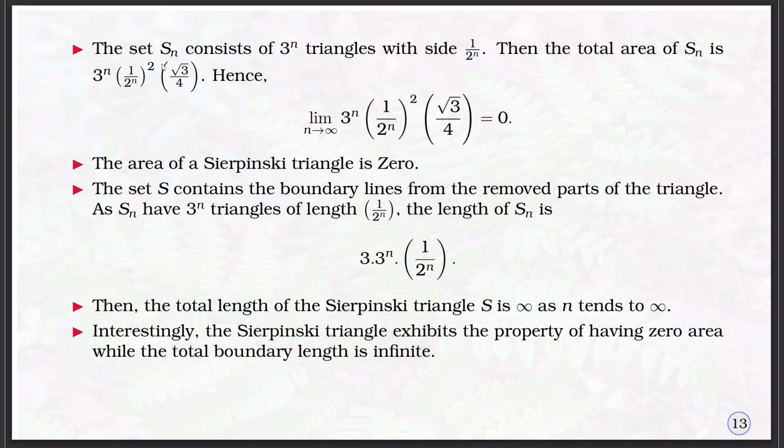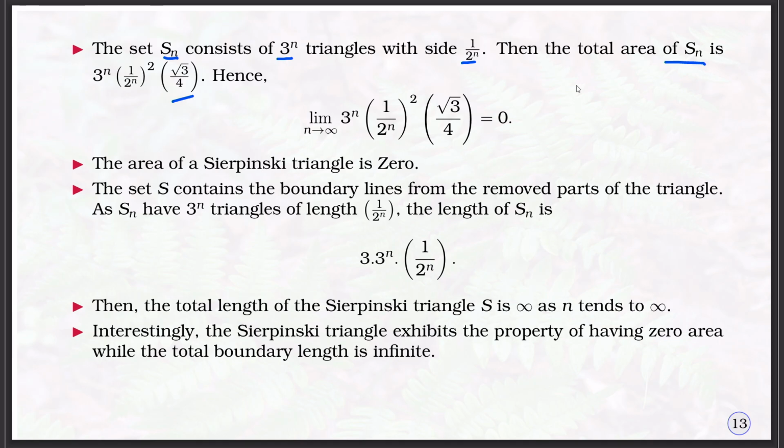Now, after each iteration, the set Sn consists of 3 power n triangles with side length 1/2 power n. Then the total area of Sn is 3 power n triangles, each of side 1/2 power n, times the area of an equilateral triangle.